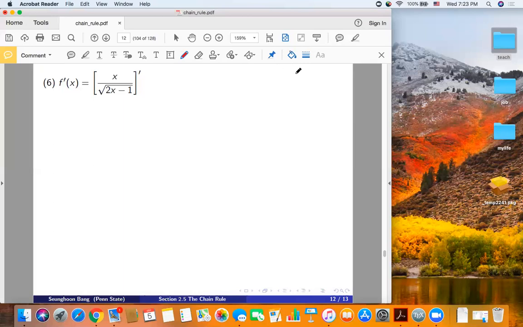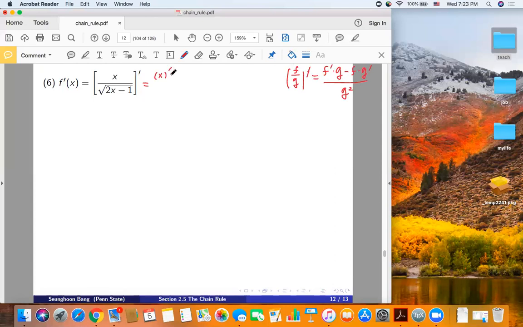What's the quotient rule? I can do it right here. The f over g, prime, is f prime times bottom minus f times bottom prime, over bottom squared. Exactly, the quotient rule. So what's that? The top one is x.